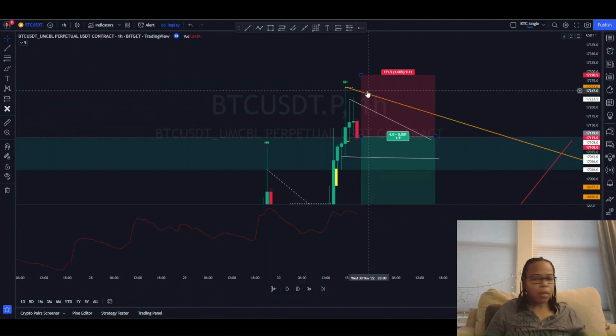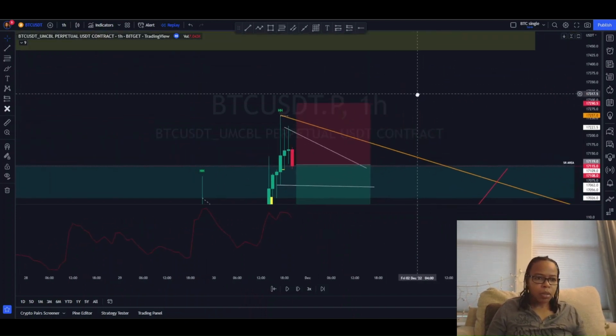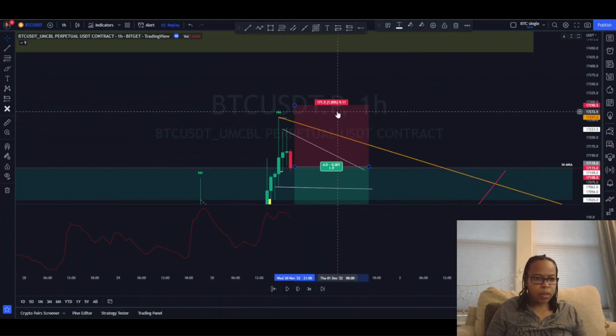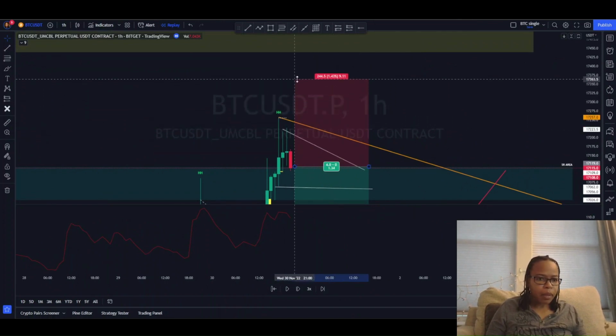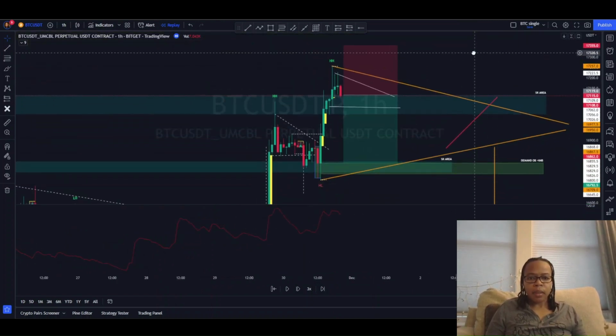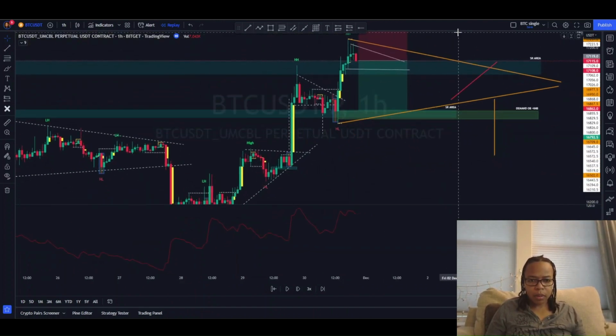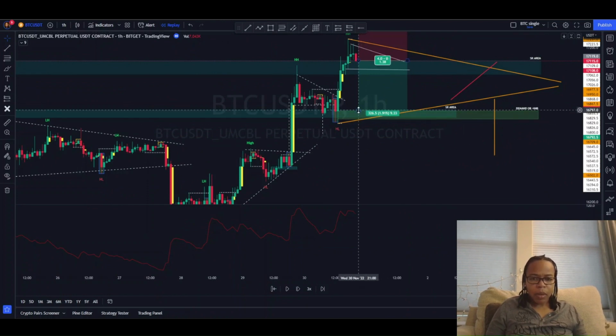So if I said I wanted to put my stop loss right above there, and let's say I was being super conservative, 17,253 plus 102.4. So then my stop loss should be up at 17,355. So about here. Okay. And then if we look at where price stopped last time, that'd be a 1 to 3.8.